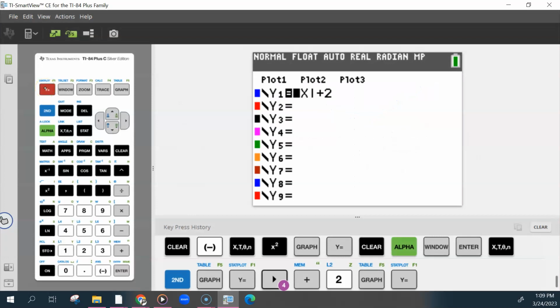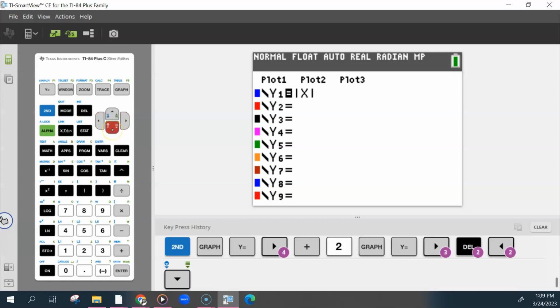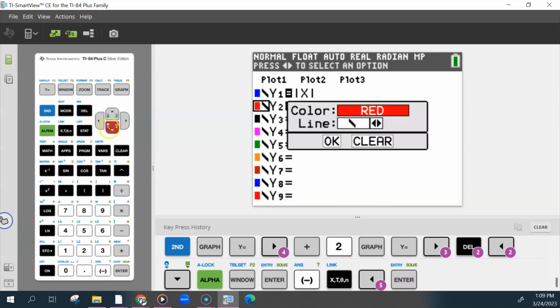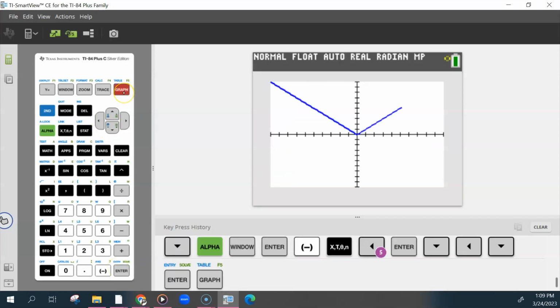So I'm going to have the original graph as well as that new one. It may be a little hard to see, but there's blue and then there's red drawn on top of it.